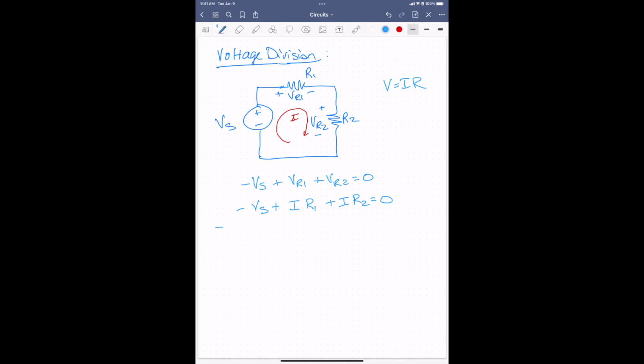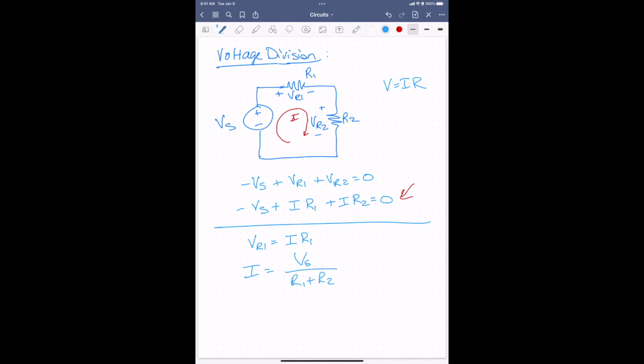Now I'd like to take a step back and look at the voltage across R1, which we've called VR1. We know from Ohm's law that VR1 is equal to the current through R1, which is I, times R1. If we look at the equation I wrote above, we know from this that I is equal to Vs over R1 plus R2.